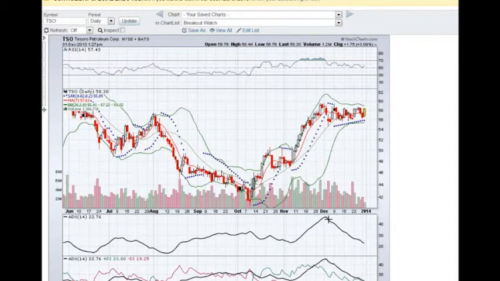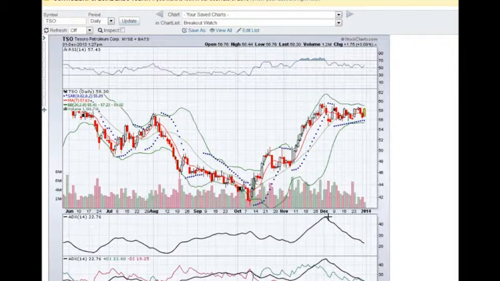Well, the ADX is falling. It's quite common that when the Bollinger Bands are contracting, the ADX is falling. And when the Bollinger Bands are expanding, like they were here in November, the ADX is rising.